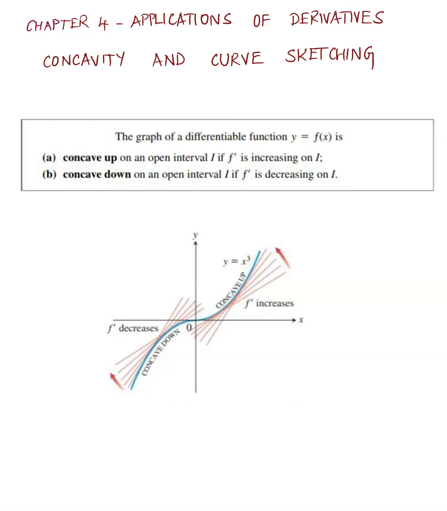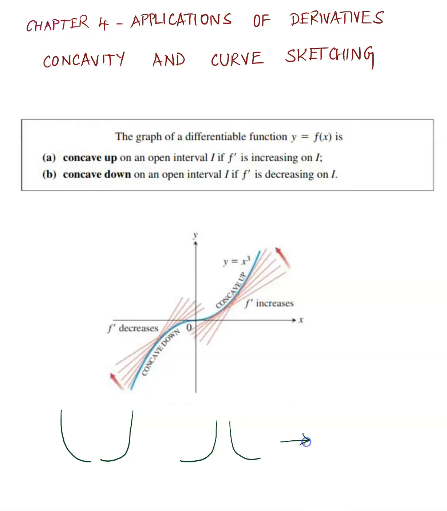A quick way to understand the shape it takes, right? Because this is all about the shape it takes when you have f prime increasing and decreasing. You can cup your hands together and you will get a shape like this, isn't it? And if you keep the same shape, but interchange your hands, then you will have the shape like this.